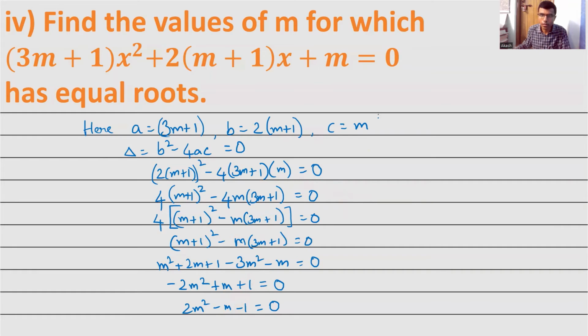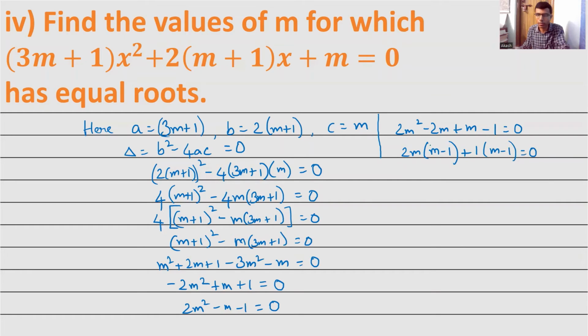So 2m square minus 2m plus m minus 1 is equal to 0. If I take 2m common from the first two terms, I'd get 2m times m minus 1, and then I'll write this one as 1 times m minus 1 is equal to 0.